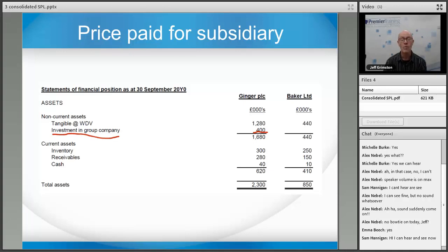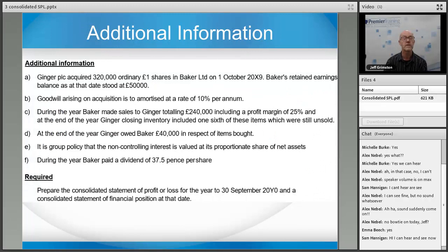So element 1 in our working, we know that we've paid £400,000. The next thing we need to establish is just what we've bought. And if we look now at the additional information, Ginger has acquired 320,000 ordinary £1 shares. So 320, we need to make a note of 320. We'll also need to note that Baker's retained earnings at that date stood at £50,000.